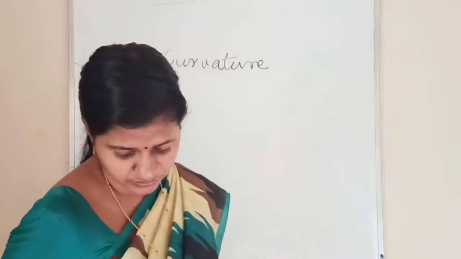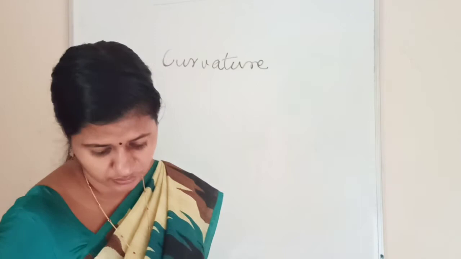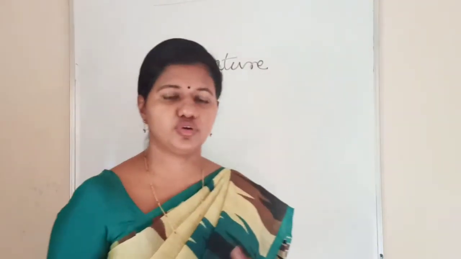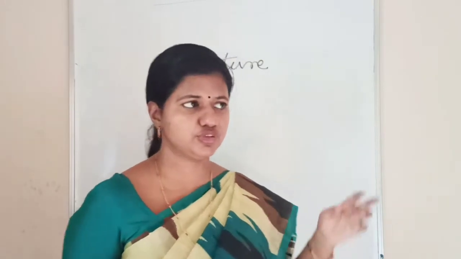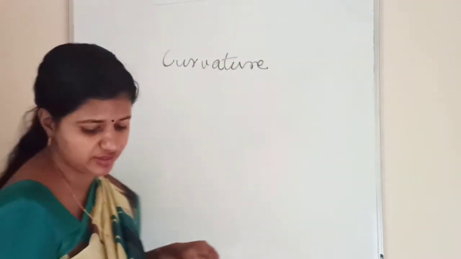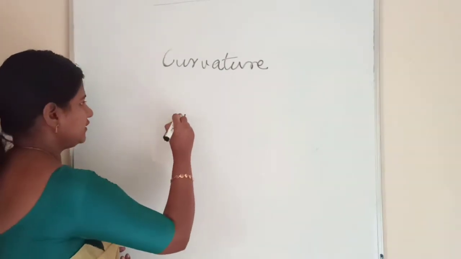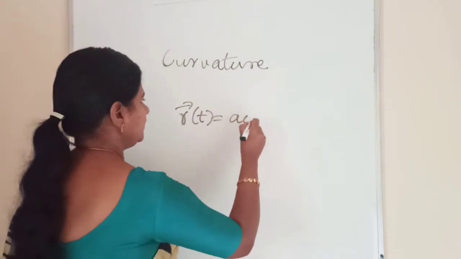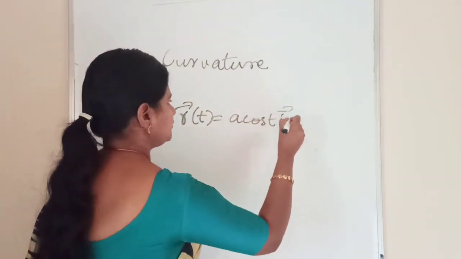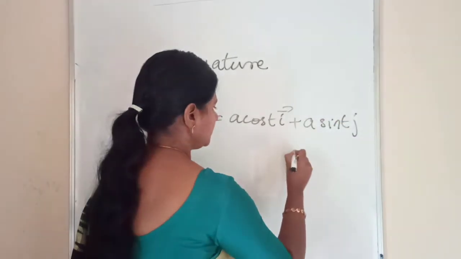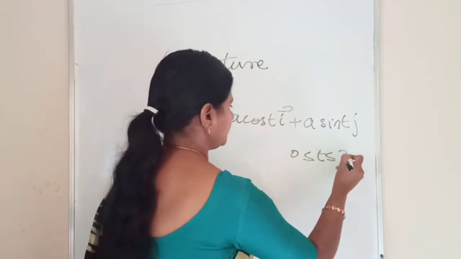So for that we consider a circle of radius a, and we want to find the curvature of a circle of radius a, and we assume that the circle is centered at the origin. So we can have a parameterization like this: R of t is equal to a cos t i plus a sin t j, where 0 is less than or equal to t less than or equal to 2 pi.